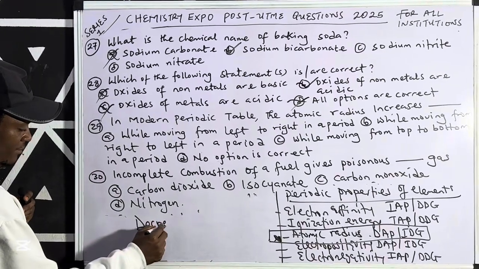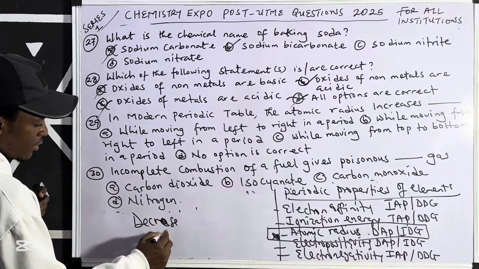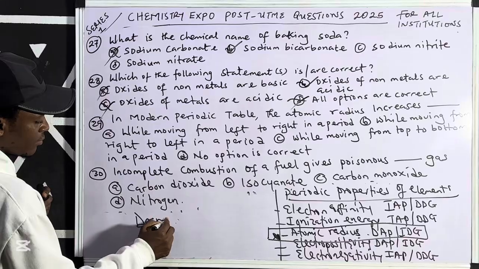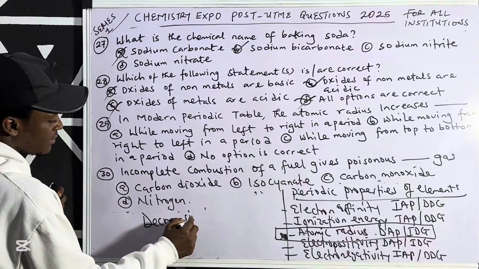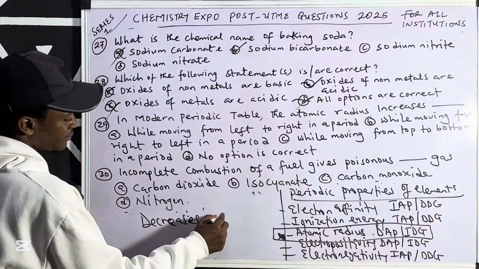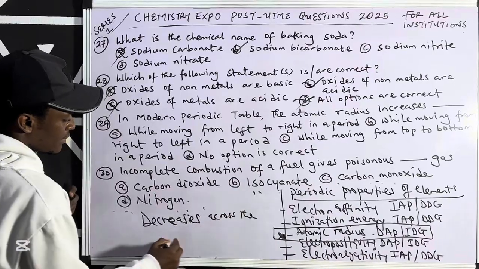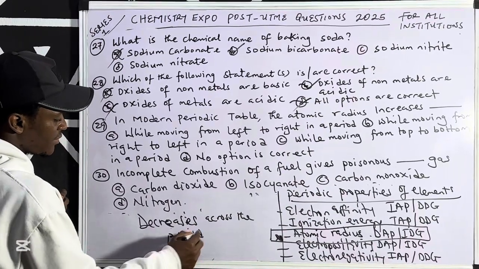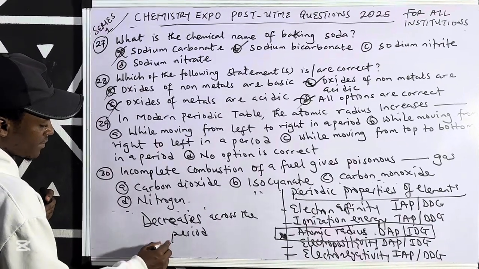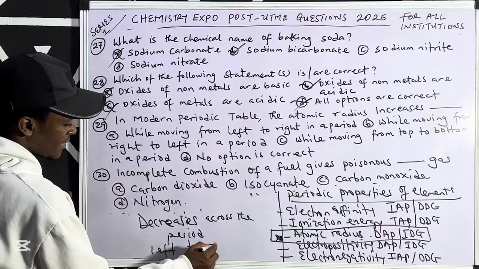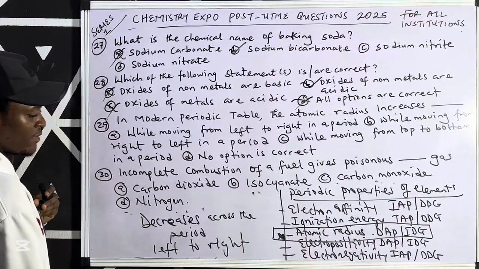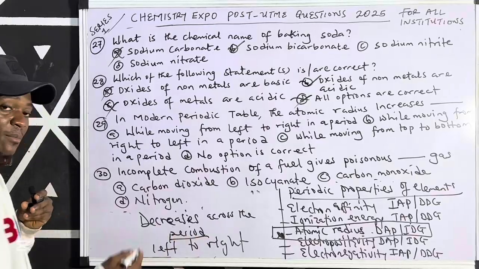When it is decreasing across the period, it means it is decreasing from left to right, meaning in a period.